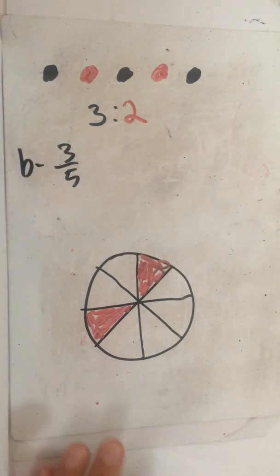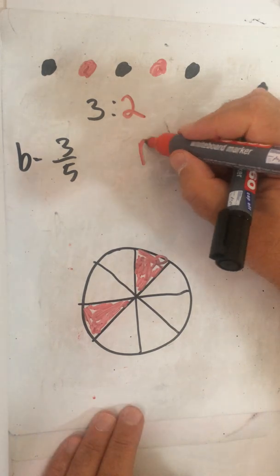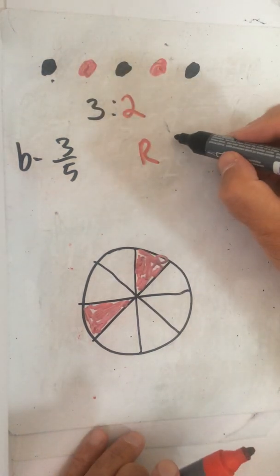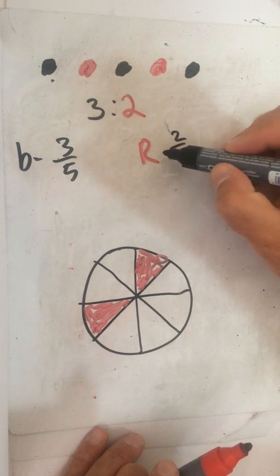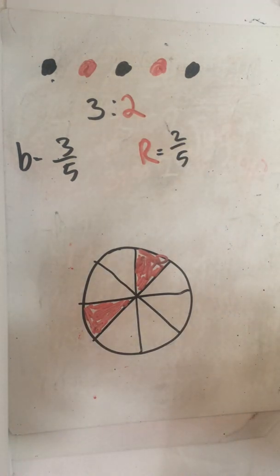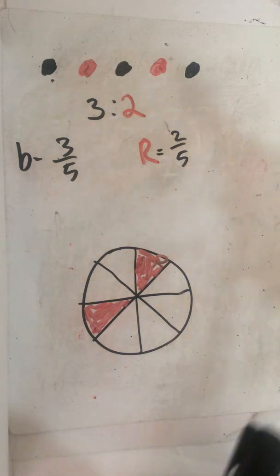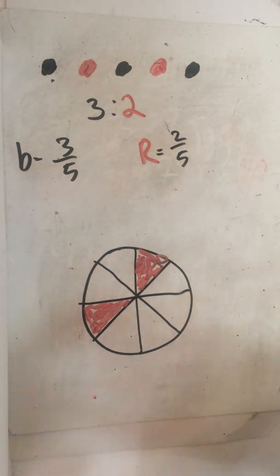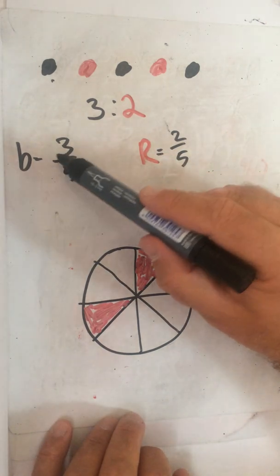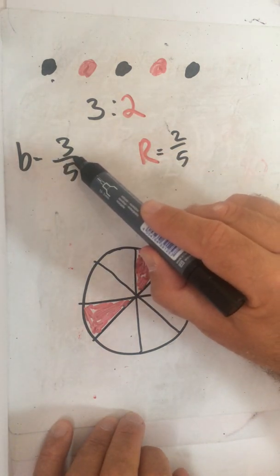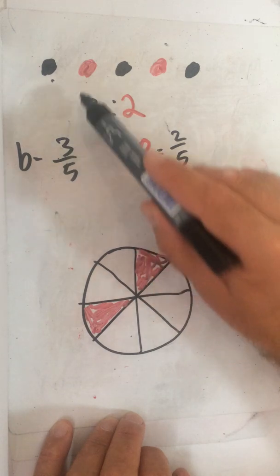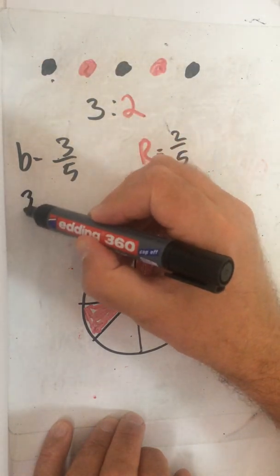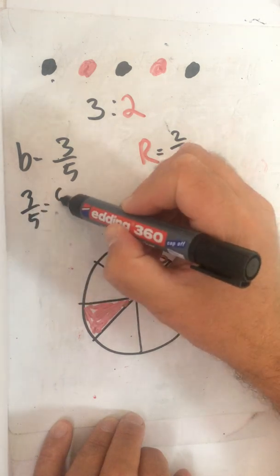Okay, how many are red? What proportion are red? It's 2 out of 1, 2, 3, 4, 5. 2 out of 5. So it's kind of just putting them into fractions. Now, we're probably more used to using proportion, as I say, in general life anyway. Okay, but of course they will often ask, can you also turn it into a percentage? So 3/5 of these dots are black, and 3/5 is the same as 6/10.